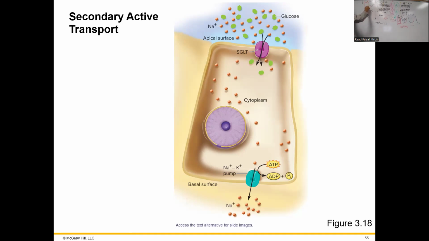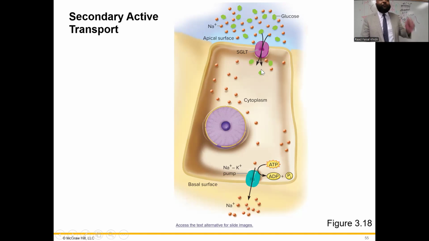And then glucose enters. That's why it's called sodium glucose transporter, SGLT. So you see the SGLT at the top. Who's green? Green is glucose. Who's orange? Orange is sodium. So now sodium is entering. Glucose says, can I come with you? And they both enter together.